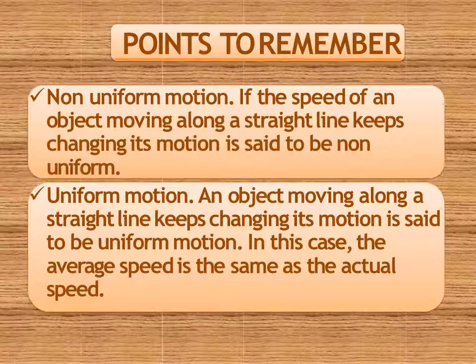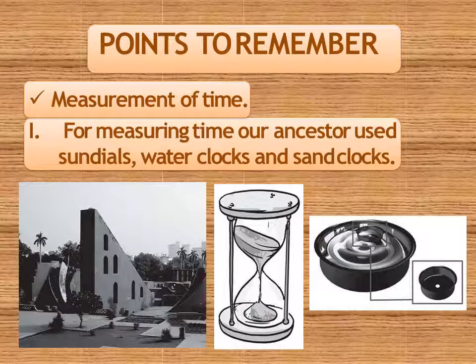Now let's move towards how time is measured. How did our ancestors measure time? For measuring time, our ancestors used sundials, water clocks and sand clocks. In sundials, the shadow of an object is taken into consideration.